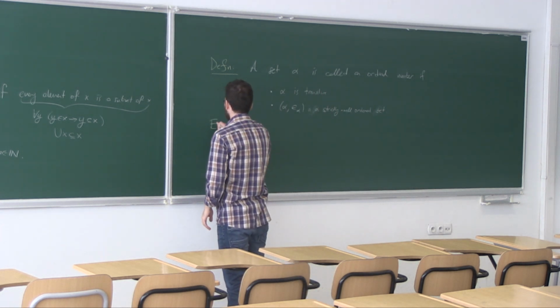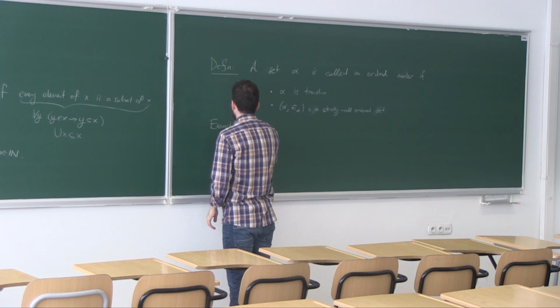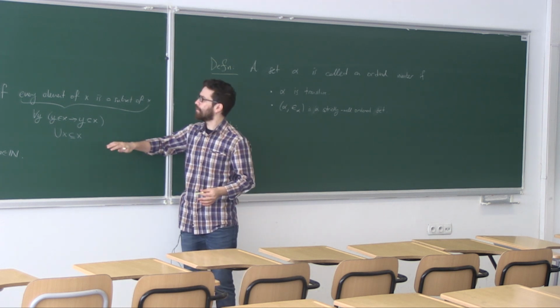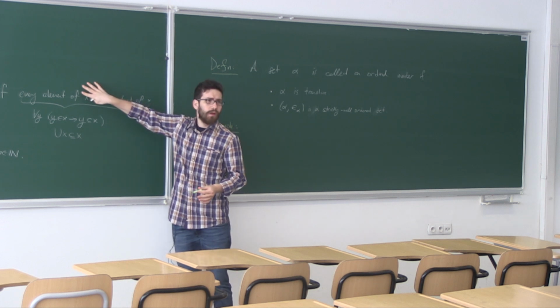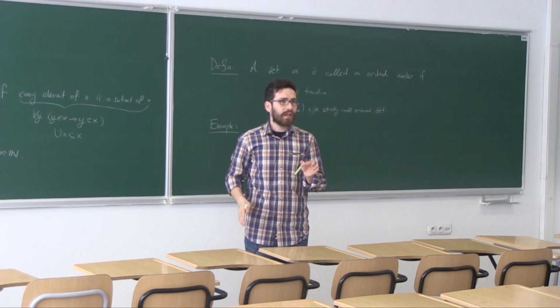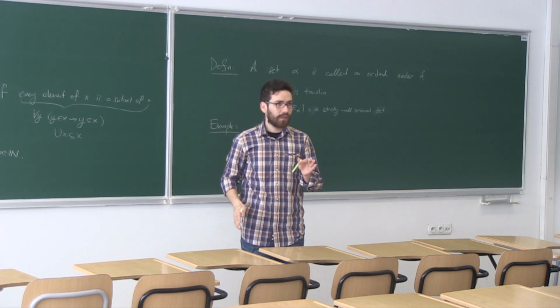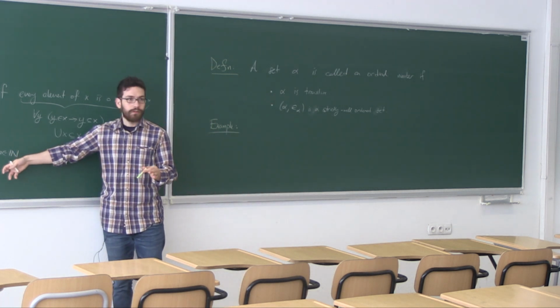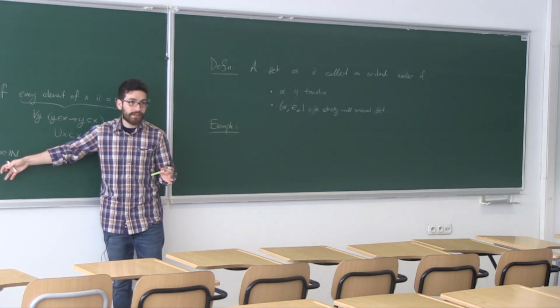Now, there was an exercise which I assigned a long time ago, probably three or four weeks ago, I don't remember. It was that every natural number with the membership relation is well-ordered. Now, this exercise shows that every natural number is transitive.